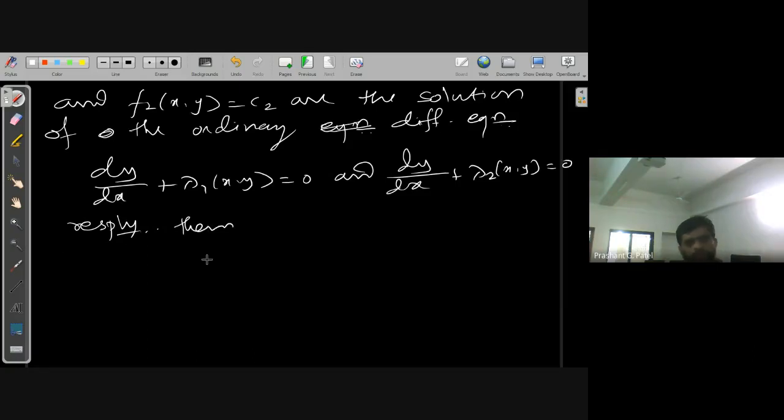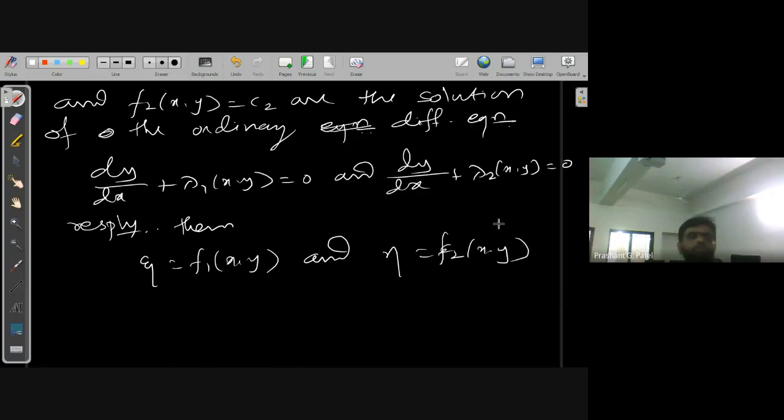Then xi is equal to f1 of xy and eta is equal to f2 of xy. Whatever the solution for this one, we will consider as the value of xi and eta, which will be a suitable choice.